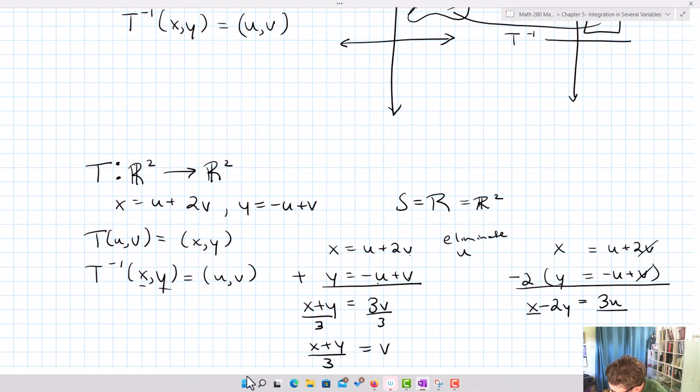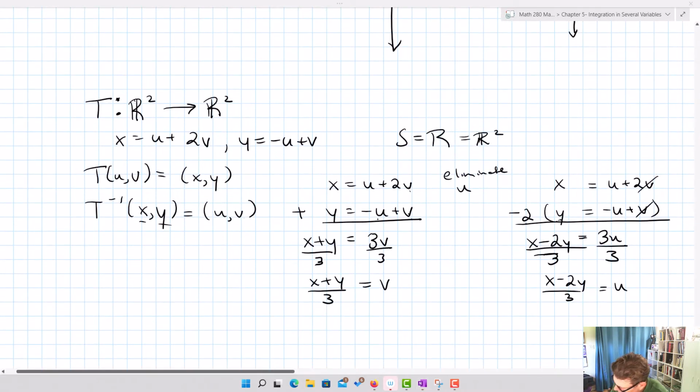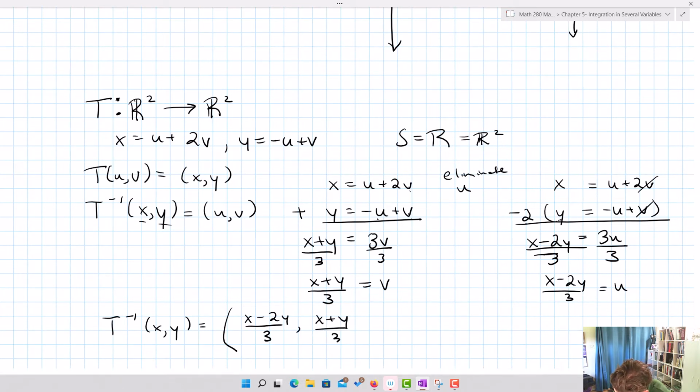We're done. Divide by 3, and we get (x minus 2y) over 3 equals u. So my inverse transformation, T inverse of (x, y), is going to equal ((x minus 2y) over 3, (x plus y) over 3). And that is our transformation, or our inverse transformation, should we say.